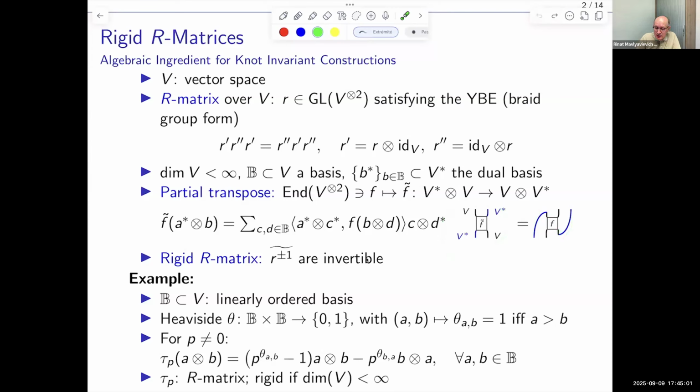So the R-matrix is called rigid if the partial transposes of R and its inverse are invertible as linear maps.